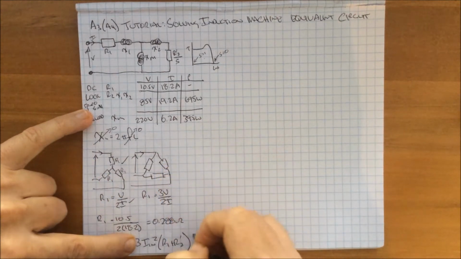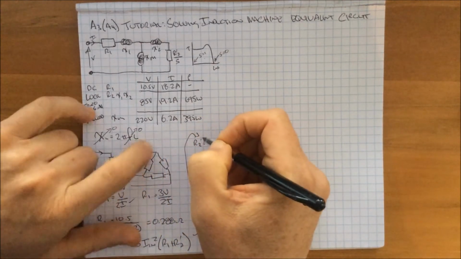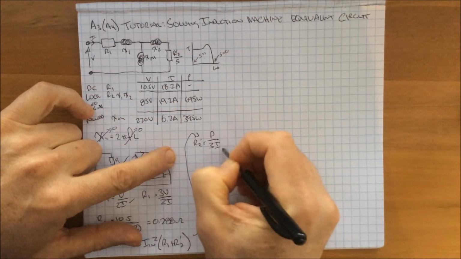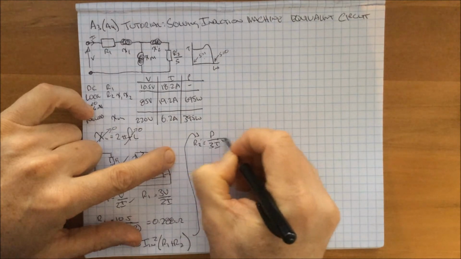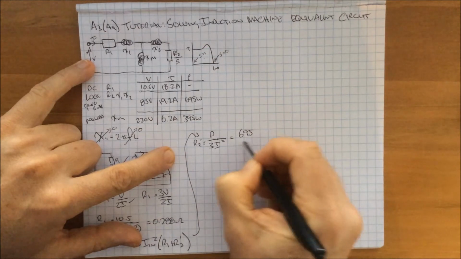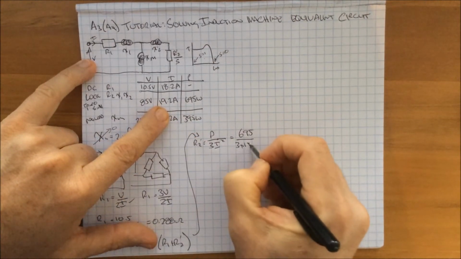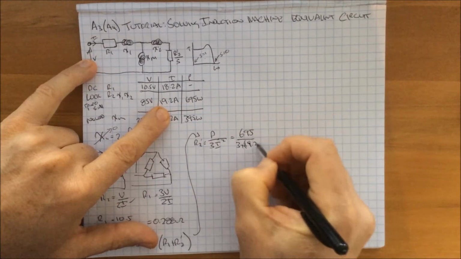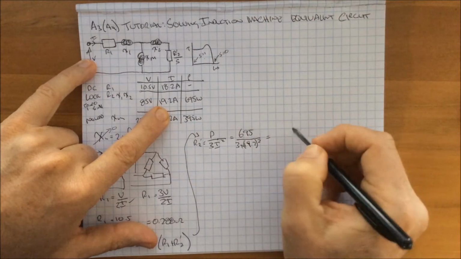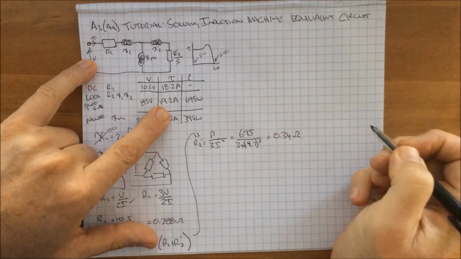So therefore, R2 is power over 3 times our current squared, which is 695 over 3 times 19.2 squared, which gives us a solution of 0.34 ohms.